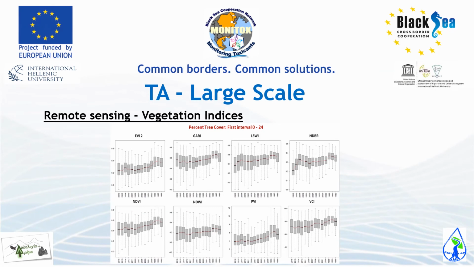Here is another study where we utilized vegetation indices. The study area was the Nestos Delta, and we had satellite images starting from 1989 till 2018. In these images, we implemented 8 different vegetation indices that you can see in this figure.